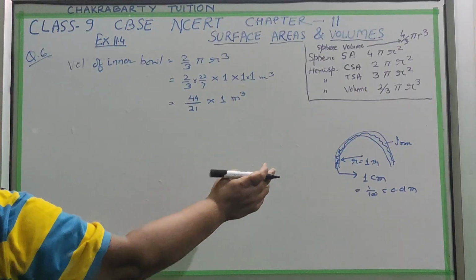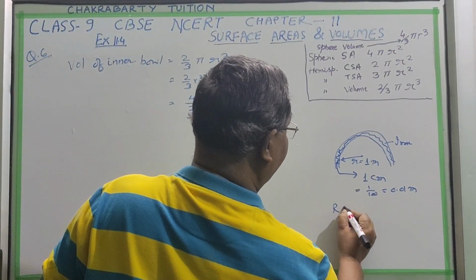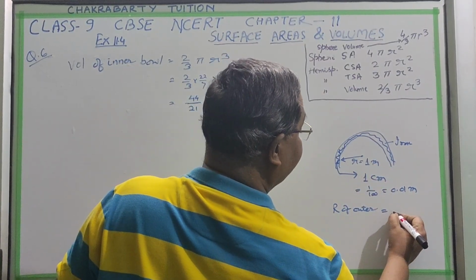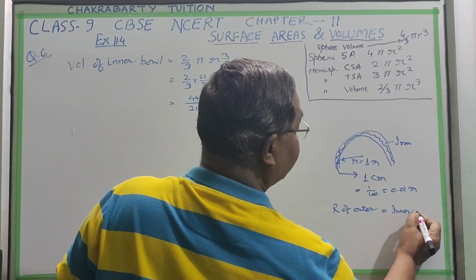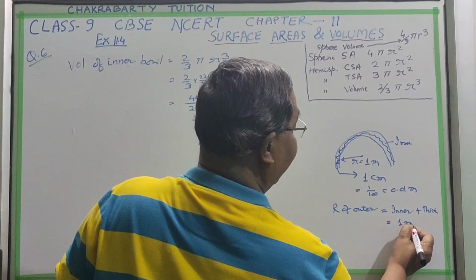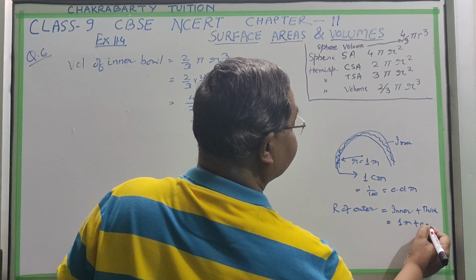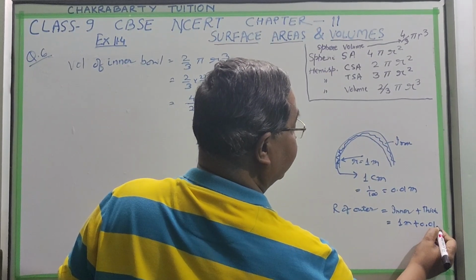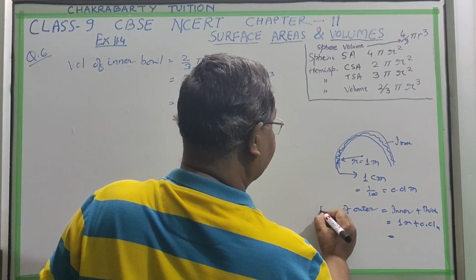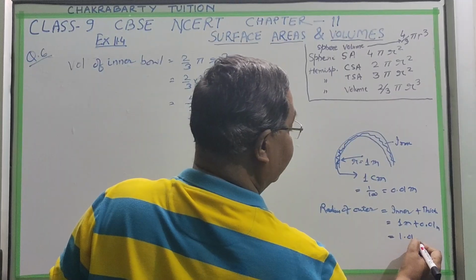Okay, now the outer surface, so the radius of outer is equal to inner plus thickness. So inner is 1 meter and thickness is 0.01 meter. So the outer radius will be 1.01 meter.